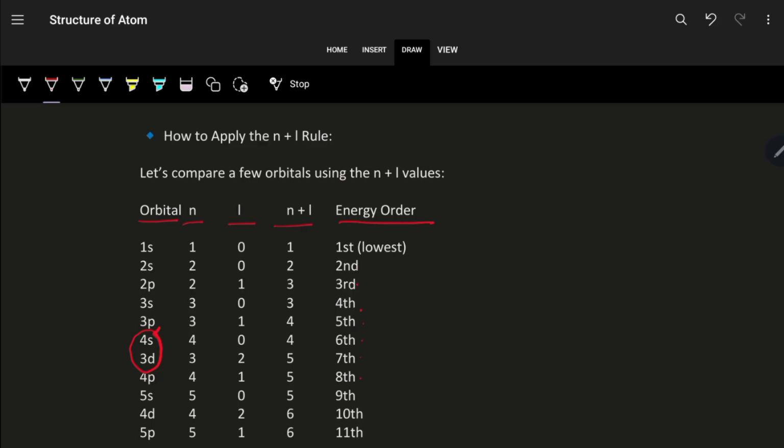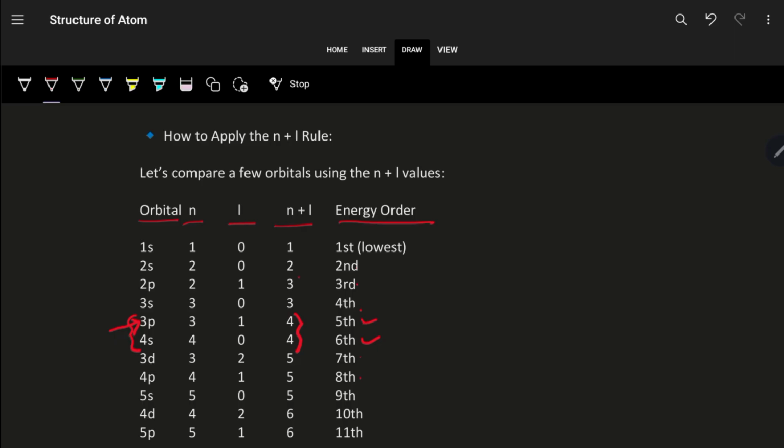This was based on n+l value. If the two n+l values are the same, as we have seen, pay your attention over here: n plus l value is the same for 3p and 4s. So the one with a lower value of n will be occupied first. So 3p is occupied first. So in the energy order, this is 5th and this is 6th.